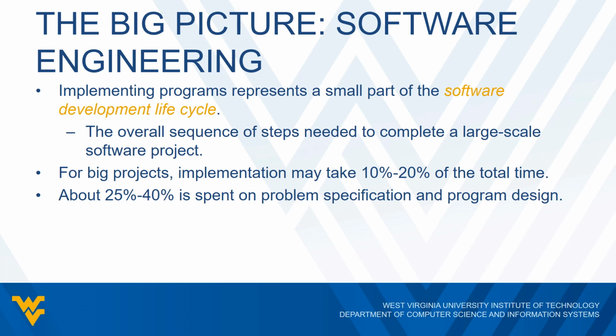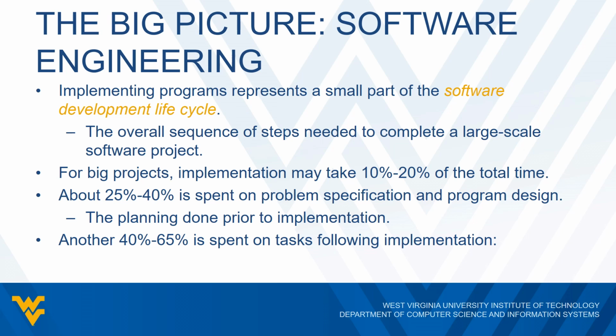About 25 to 40% of the time is spent on the problem specification and the program design. So this is the important planning that comes before we actually implement. Before you can start typing away and writing code, you have to spend some time planning what must be completed and how to solve the problem. So a good chunk of time is spent during this planning process.